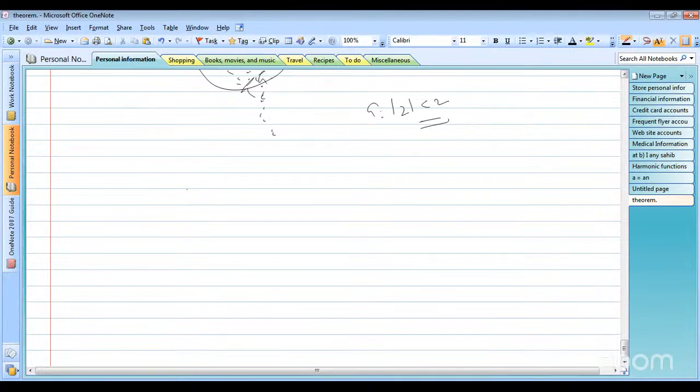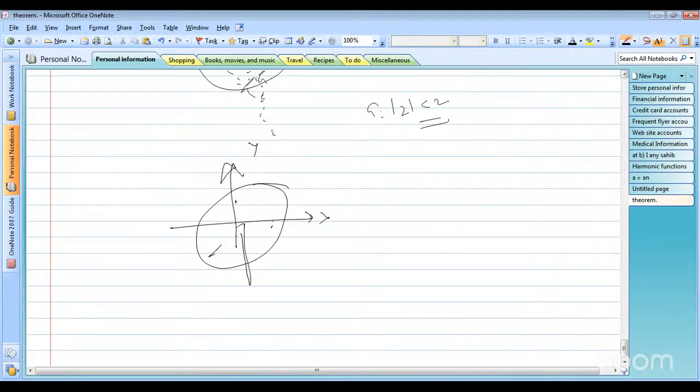Then we take the multiply connected domain here. This is a circle.